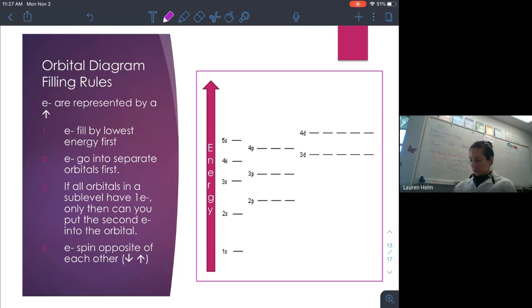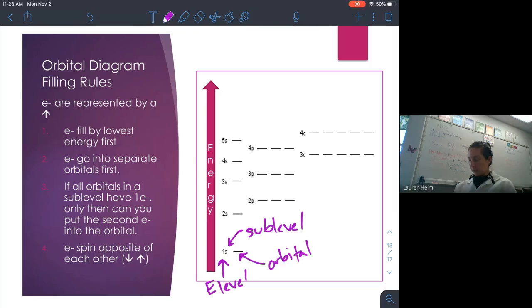Let's talk about what these are. We have our large number, which is the energy level. Then you have your sublevel, the letter, and then a line represents an orbital.